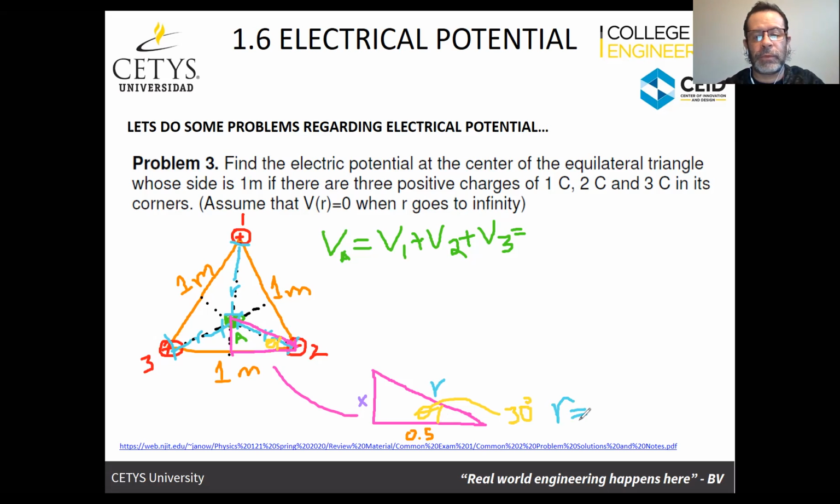So the cosine of 30 degrees would be equal to 0.5 divided by R. That would mean that R would be equal to 0.5 divided by the cosine of 30 degrees.